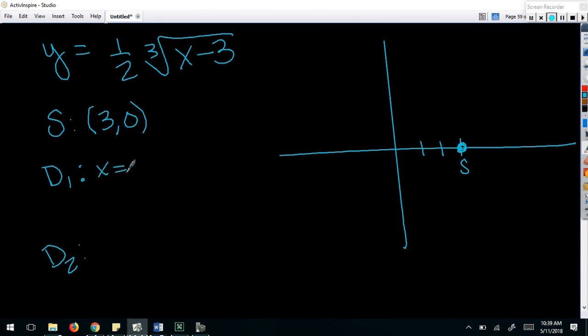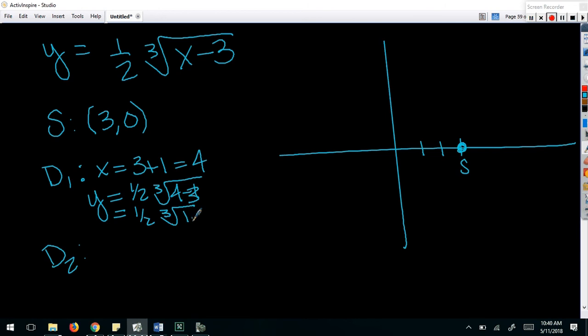3 plus 1, which is 4. So now, 4, plug in, 1/2, cubed root, 4 minus 3, which is 1. What's the cubed root of 1?